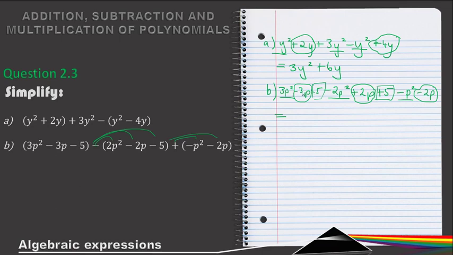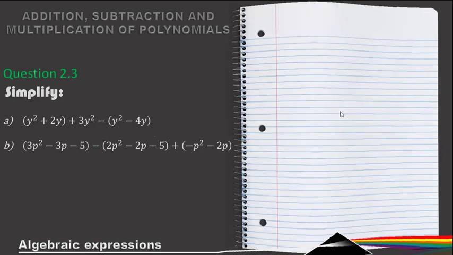I don't have to write that down. Then minus 3p plus 2p gives me minus 1, minus another 2 gives me negative 3p. Or as we saw previously, plus 2 minus 2 is 0, so there's this negative 3p left. Then my constants is minus 5 plus 5, which also adds up to 0, so this is then just my final answer.